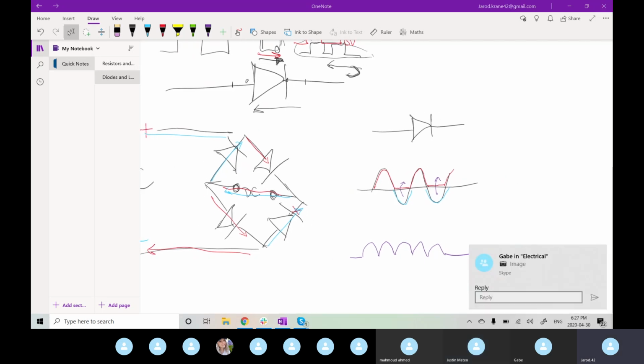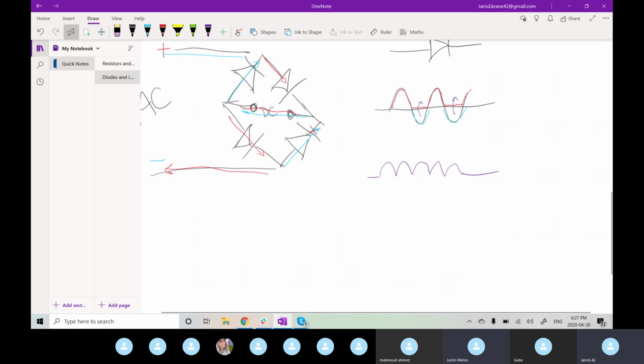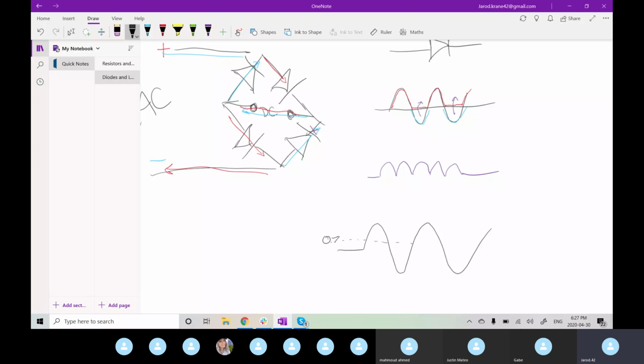So yeah, if we have our sine wave, and we say 0.7 is here, what we'll see is nothing, and then nothing.